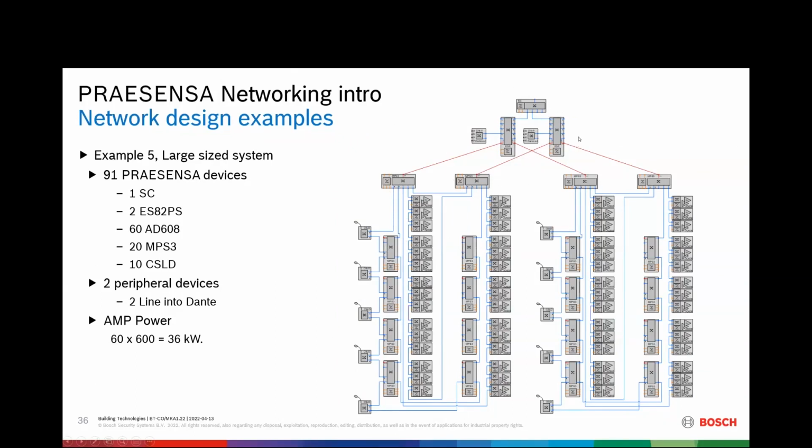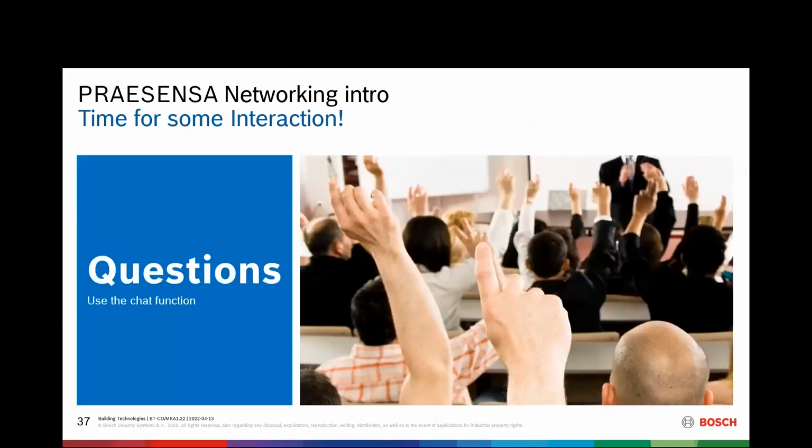But here it's really on top where we have this system controller, and maybe you could think about having a backup system controller, one at the left side, one at the right side. So it's like an operation control center somewhere at the top, from where you can serve all the different equipment at different locations. In this case, with these two switches with MPSs and 60 amplifiers, you could have up to 36 kilowatts.